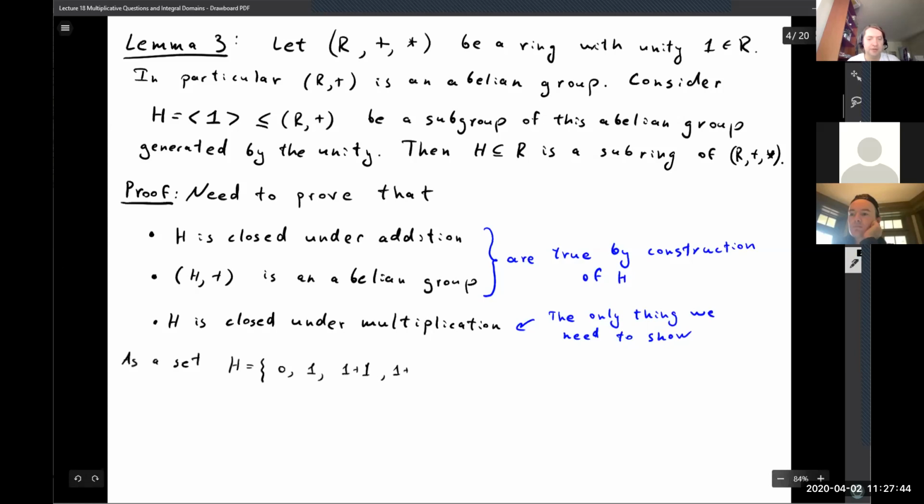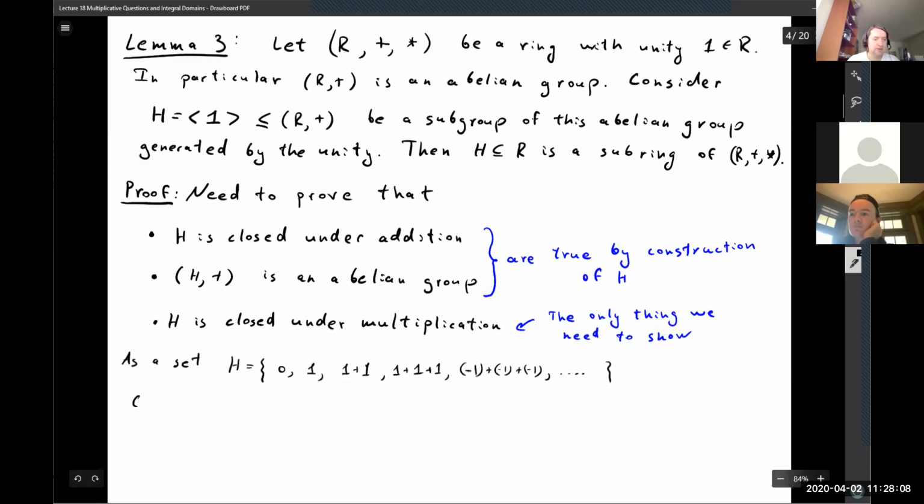There is 1 plus 1 plus 1 plus 1. And similarly, there is minus 1, minus 1 plus minus 1, minus 1 plus minus 1 plus minus 1, etc. Okay, so let's look at what happens if we multiply any two elements.